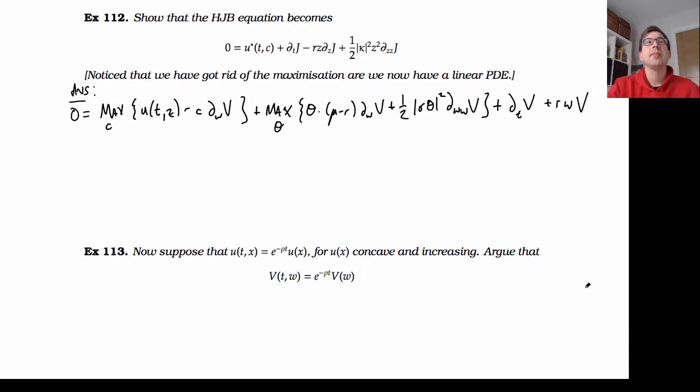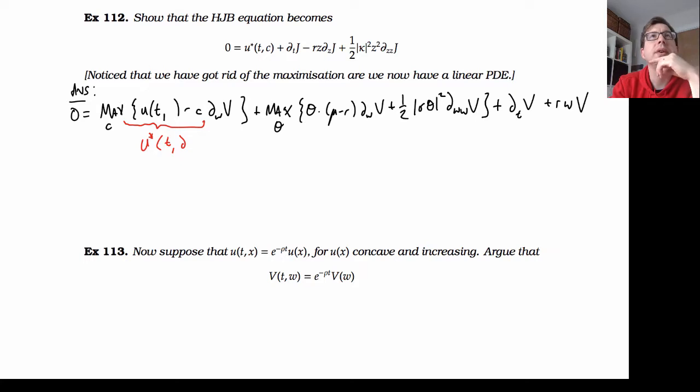I can notice that this is equal to u star t of the partial derivative of v. I'm noticing I've got some typos here, so sorry.